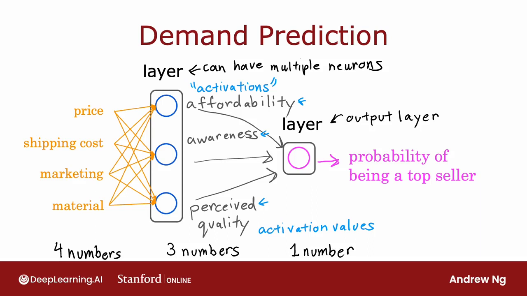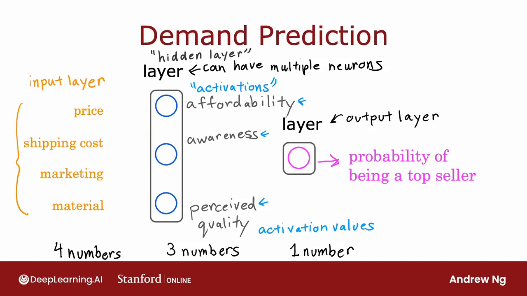To further simplify the notation and the description of this neural network, I'm going to take these 4 input features and write them as a vector X, and we're going to view the neural network as having 4 features that comprise this feature vector X, and this feature vector is fed to this layer in the middle, which then computes 3 activation values, that is these 3 numbers, and these 3 activation values in turn become another vector, which is fed to this final output layer that finally outputs the probability of this t-shirt being a top seller.